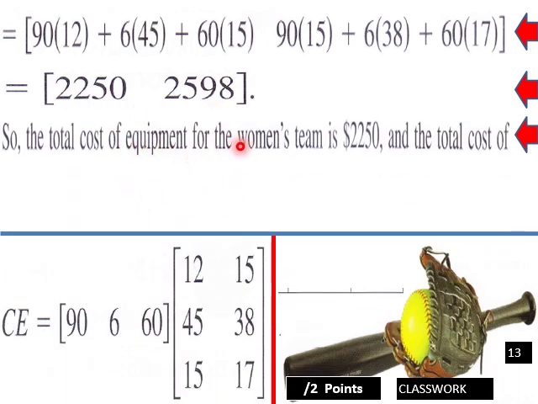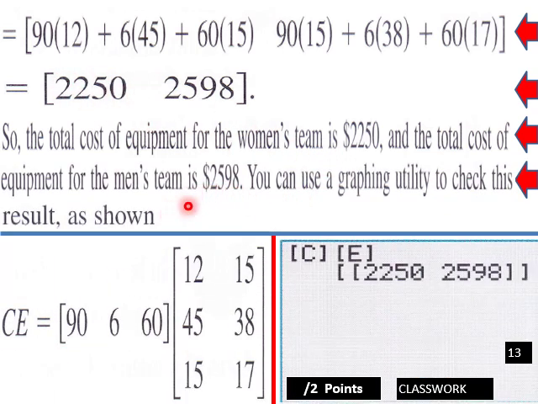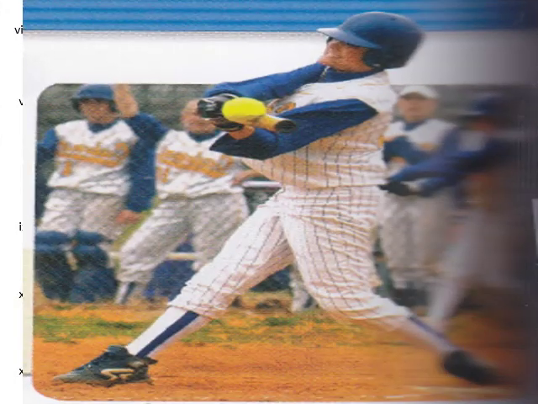So the cost of the equipment for the women's team is 2250, and the total cost for the men's team would be 2598. This is the way it should look on your calculator once you do this multiplication.